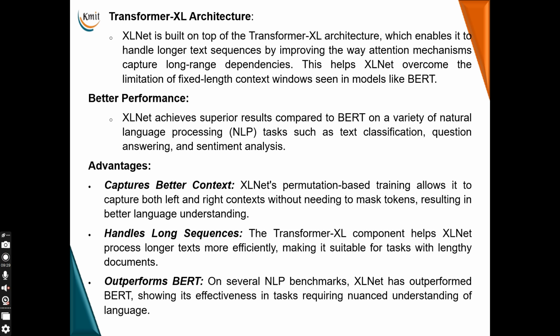What are the advantages? Because it is trying to address the limitations of BERT, we can say it is taking into consideration all possible contextual dependencies, and it is capturing the contextual information in a better manner, and it is able to handle longer sequences, and as I told, it is trying to overcome the limitations of BERT.